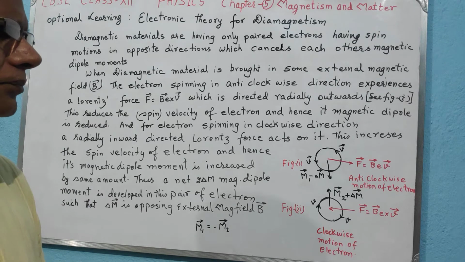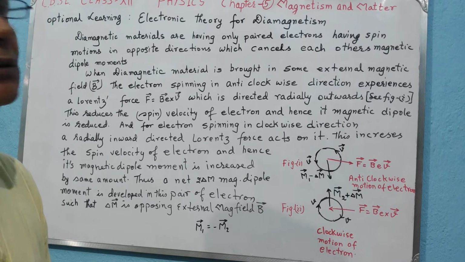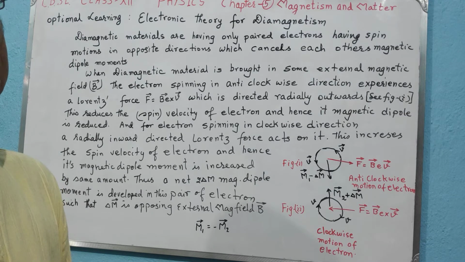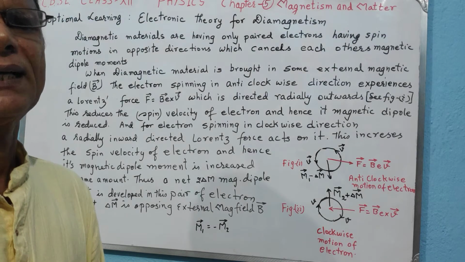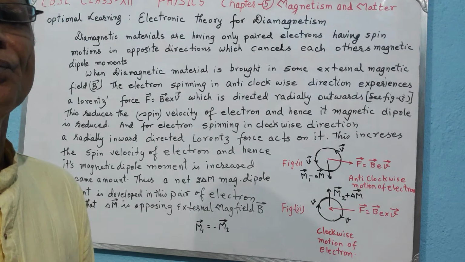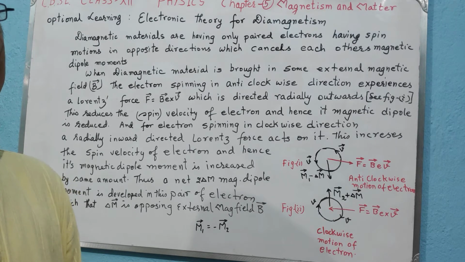So that means the two electrons will essentially have opposite spin. Now, in the absence of an external magnetic field, what happens? The net magnetism produced by these two paired electrons cancel each other.